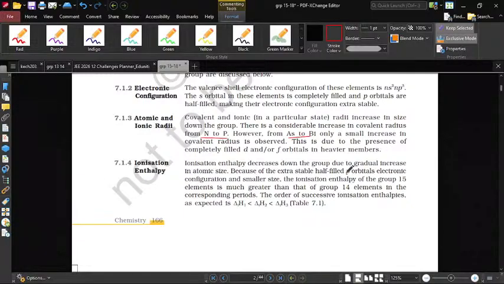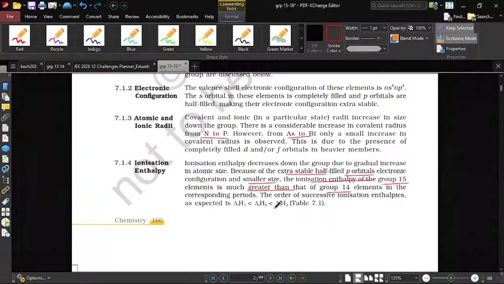Because of extra stable half-filled p orbital electronic configuration and small size, the ionization enthalpy of group 15 elements is much greater than group 14. क्यों होती है ये? Extra stable half-filled p orbital, electronic configuration and smaller size, ionization enthalpy of group 15 is much greater than group 14. ठीक है.